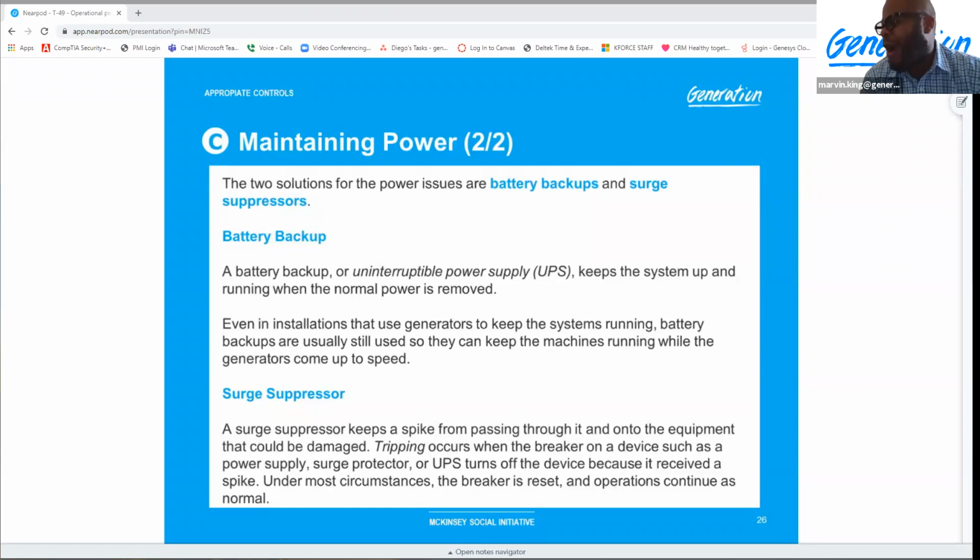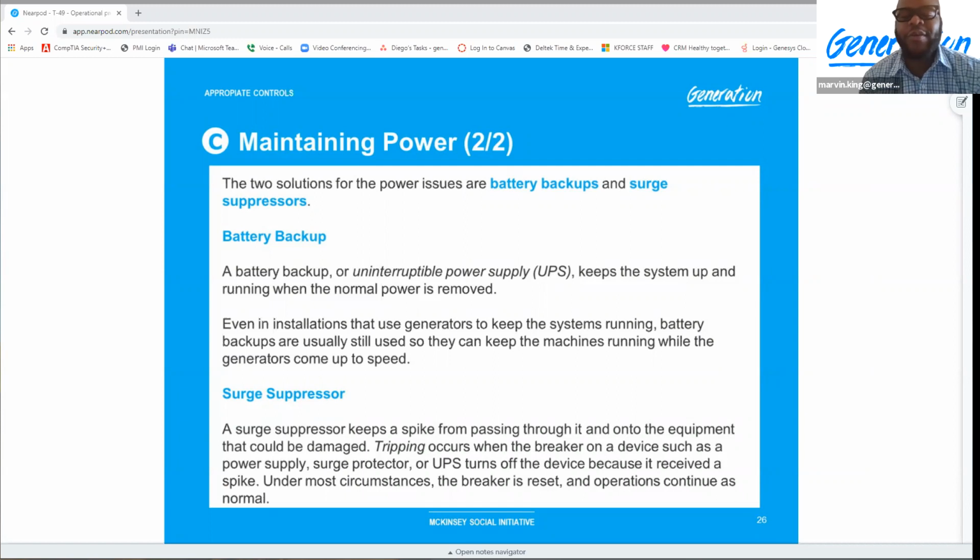It's so you can properly shut down the devices that you have running so you don't fall victim to, in other words, a hard shut off. So you want to be able to save if you got things that need to be saved, or you want to just power it down the appropriate way so you don't cause any issues. That's the purpose of a battery backup.